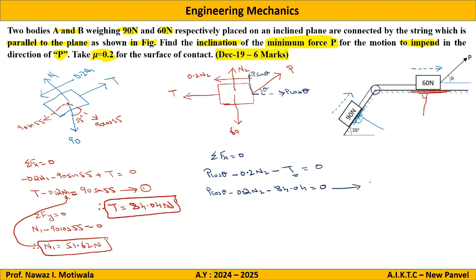Let this be equation number 2. And when I apply summation of Fy is equal to 0, I will get N2 minus 60 plus P sin theta is equal to 0. Or I can write N2 plus P sin theta is equal to 60. Let this be equation number 3.